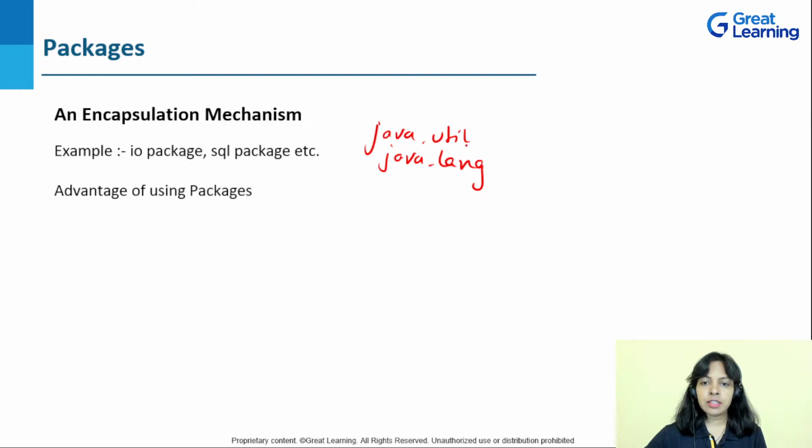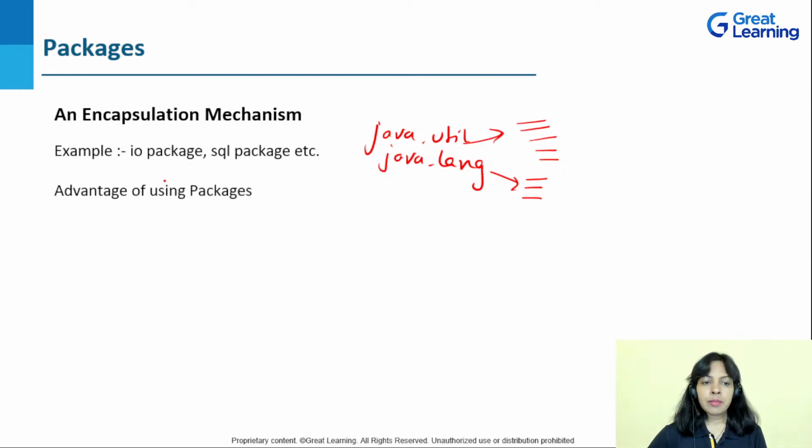These are folders where there will be so many classes, interfaces, then methods inside those classes and interfaces, and then enums, enumerators. Similarly, this package will also have classes, interfaces, and enumerators, then other methods and variables inside those classes. There can be a package inside a package also, called a sub package. But basically, a package is an encapsulating mechanism.